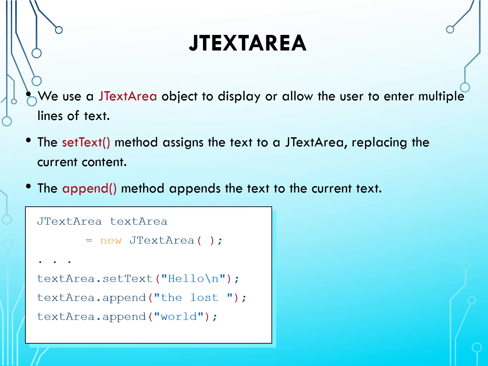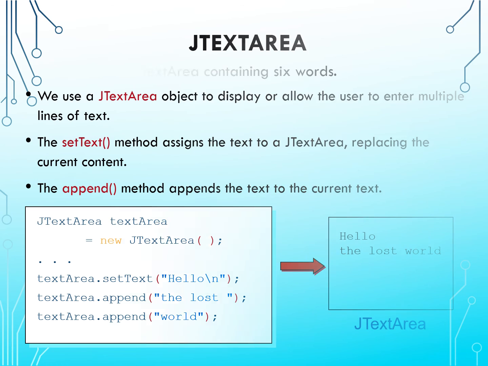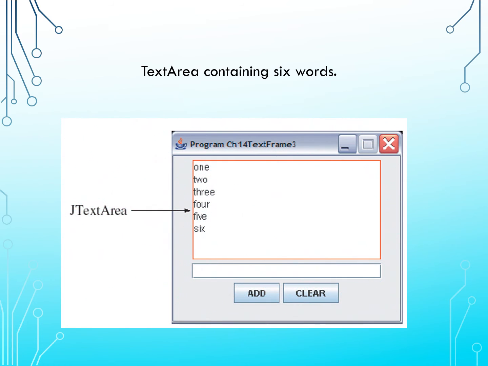Then you add more content to the text area, and then you add more. So what will happen is it will create something like this: hello, it will go to the next line, and then it will add up the text. So that is JTextArea. Alright, so this is a text area with 6 words, right?